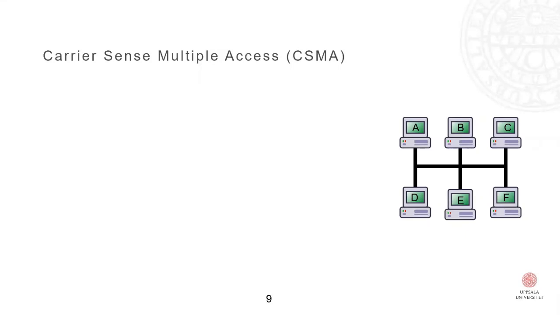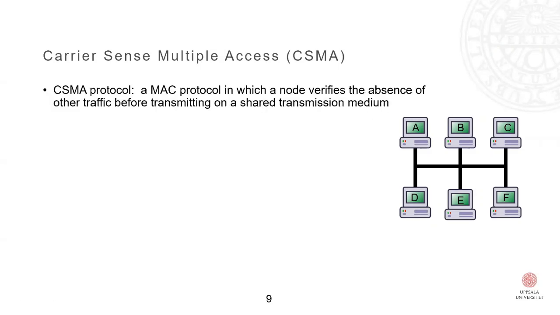So now let's see in what way the computers that now have a unique MAC address will send data. For this purpose, they use a protocol, which, as I said, is a set of rules that allows the computers to communicate with each other. They use a protocol called Carrier Sense Multiple Access, or CSMA for short, to send data. This protocol requires that each node connected to the LAN verifies the absence of other traffic before transmitting on the media.